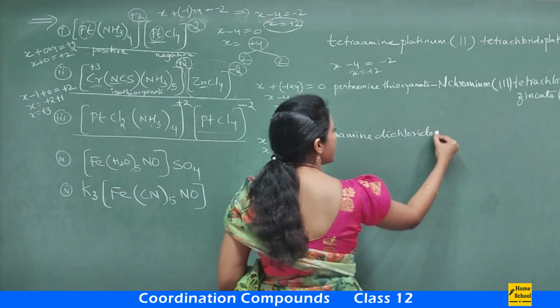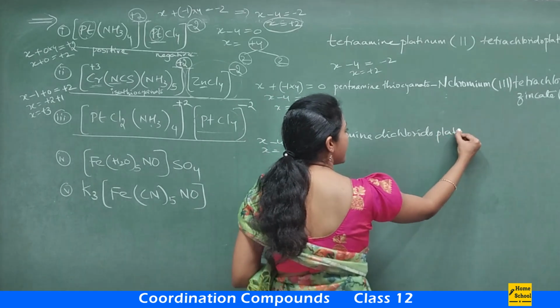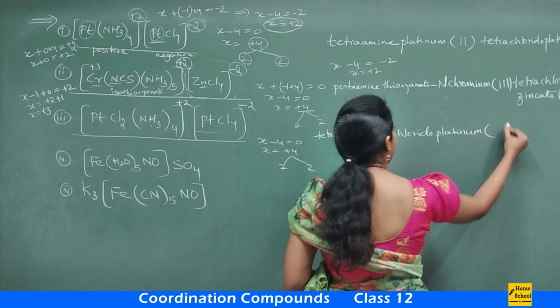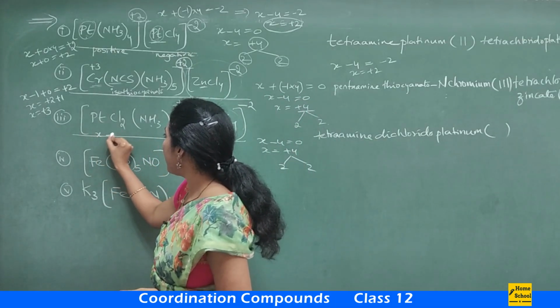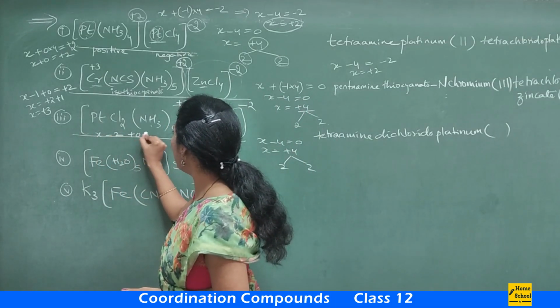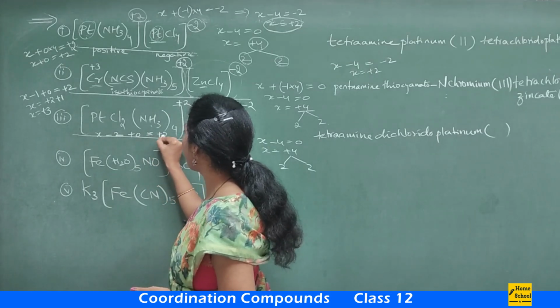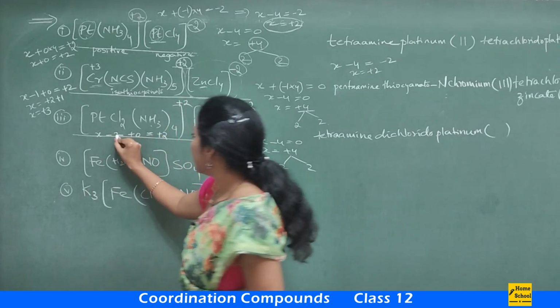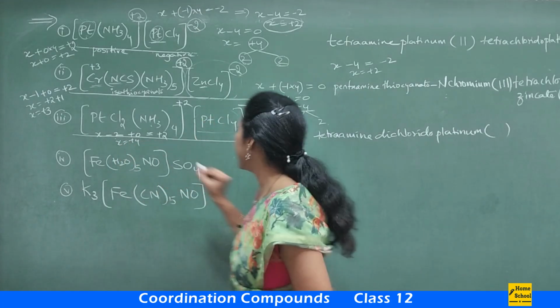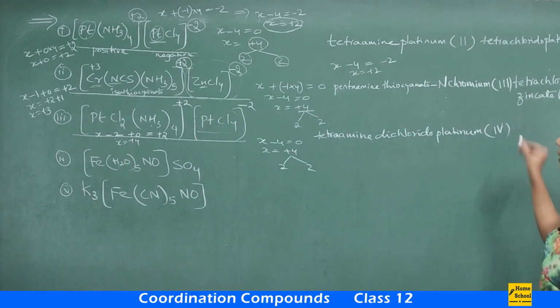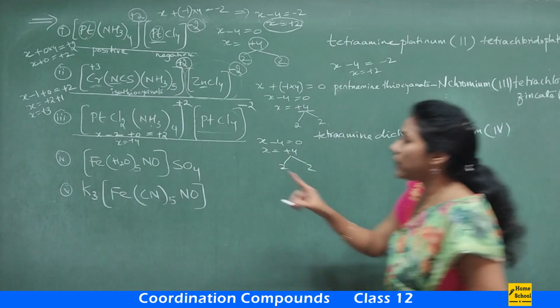So platinum is in the positive sphere, so its name is as it is, platinum. And now its oxidation state, I'll calculate here itself. X minus 2 plus 0 is equal to plus 2. Okay, so this minus 2, if it goes this side, X is equal to plus 4 you will get. So Roman number 4. 4 is the oxidation state for platinum.